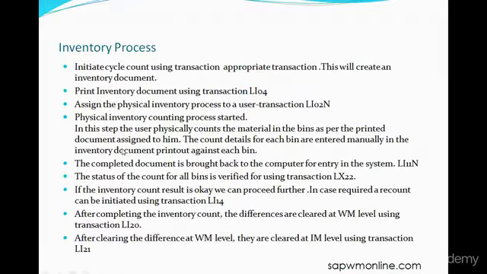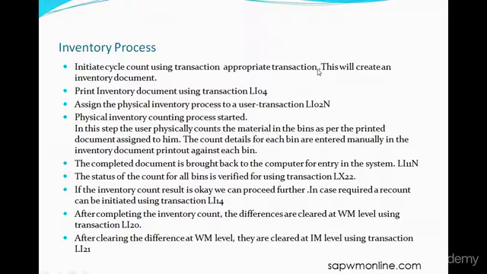In warehouse management, there are different T codes than what we have in inventory management. The first step is to initiate the count using the appropriate transaction, and this would create an inventory document.